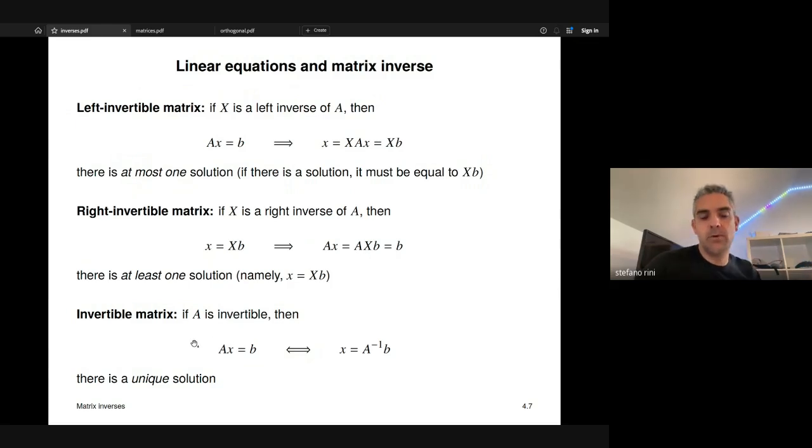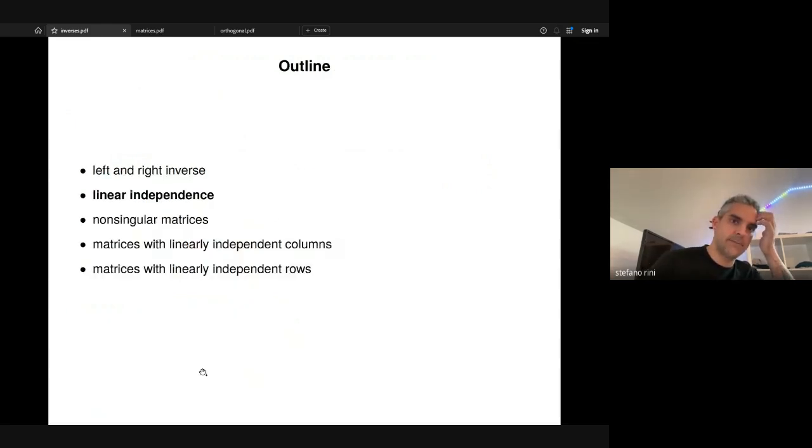And if we have an invertible matrix, where the left and right inverse are the same, then AX equal to B has a unique solution, which is A to the minus 1 B. So we saw the case where we have at most one solution, at least one solution, and then the exact invertibility case.